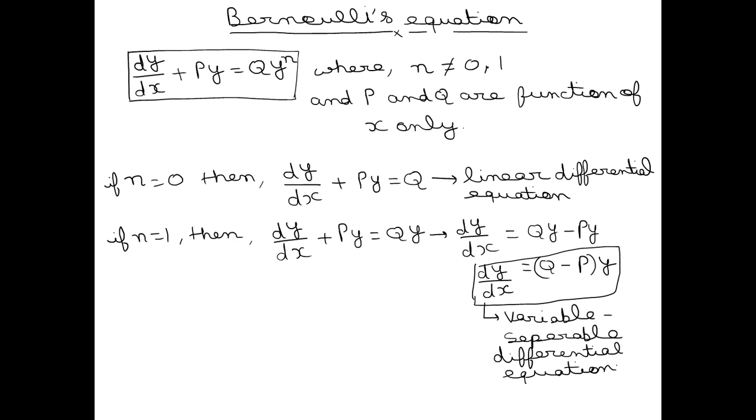If n is 0, then it becomes a linear differential equation, and if n is 1, then it becomes a variable separable differential equation form. Now, the next part is how to solve this Bernoulli's differential equation, because every differential equation has its own solution. We can reduce this Bernoulli's differential equation into a linear differential equation by suitable substitutions.